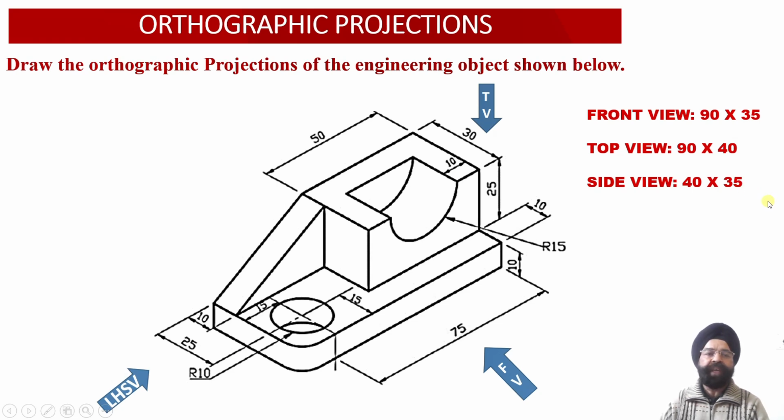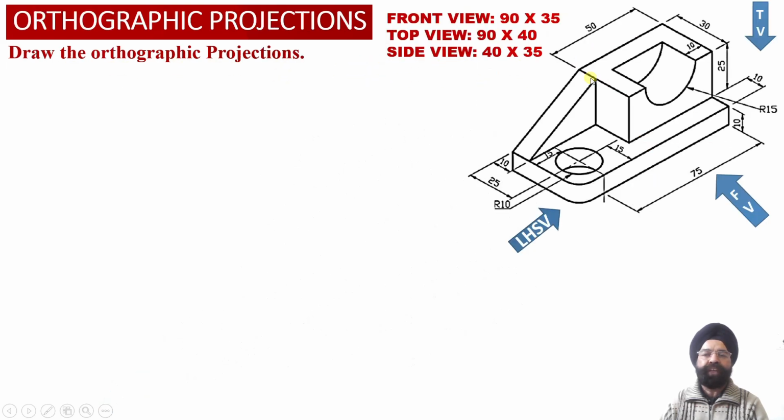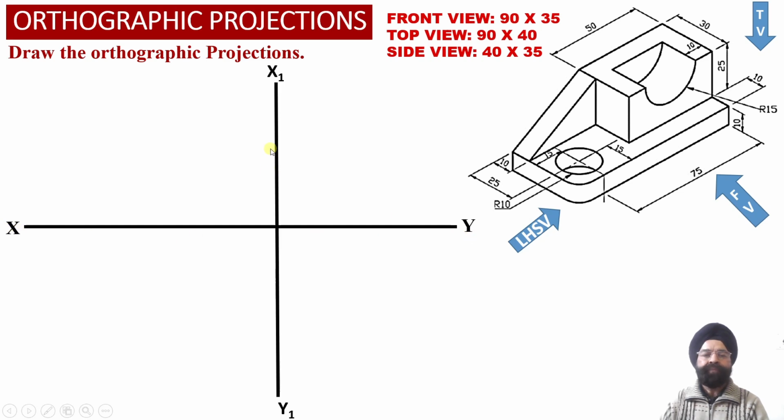With this information, we are required to obtain the orthographic projections of this engineering object. Now we have drawn the XY reference line, the X1 Y1 reference line, and a transfer line originating from the intersection point of the XY and X1 Y1 reference lines.